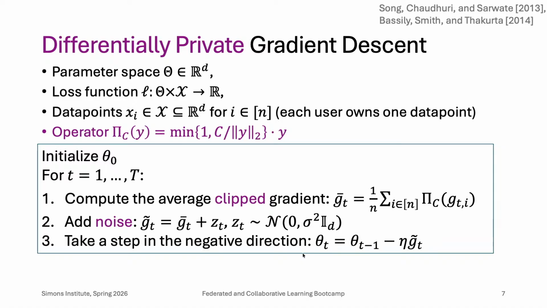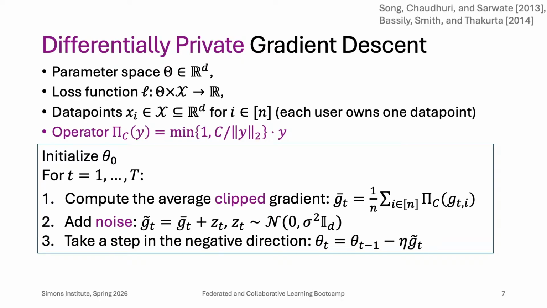This means that you have an operator, and it can be the one that I have on the slide, it can be some other operator, but somehow you have to make sure that the L2 norm of each gradient is bounded by some parameter c. One way to do this is to reduce every coordinate by c over the L2 norm of the vector. There are other ways to do it. So the first change is clipping the gradient.